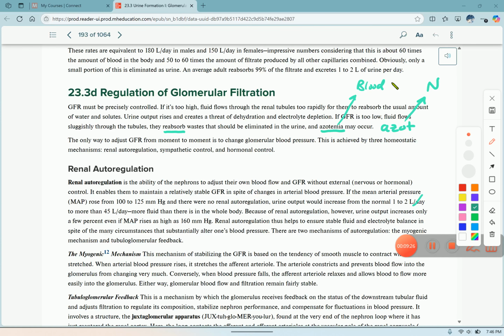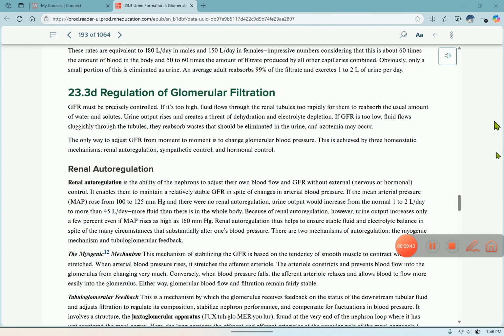All right, so the body autoregulates with renal autoregulation, sympathetic control, and hormonal control. So these are the three homeostatic mechanisms that help keep you in balance.